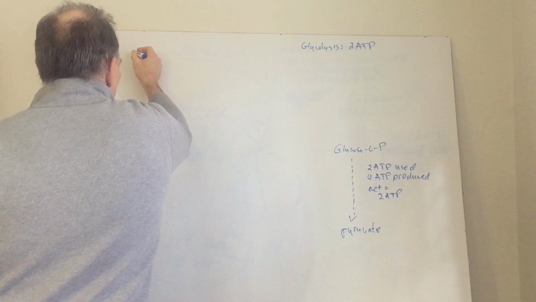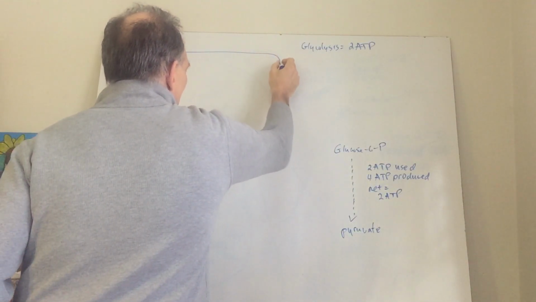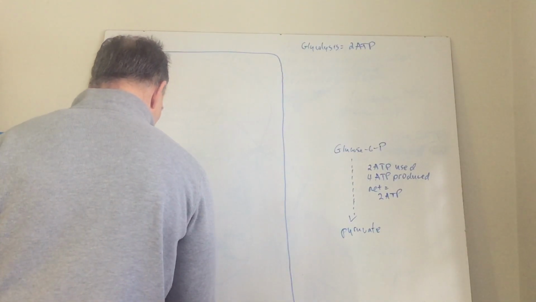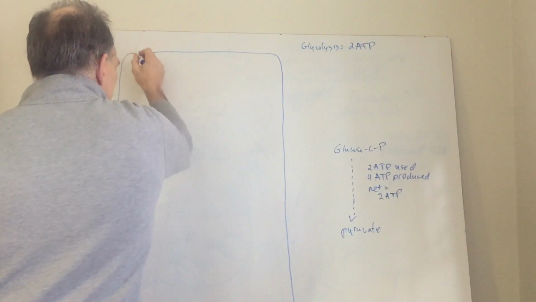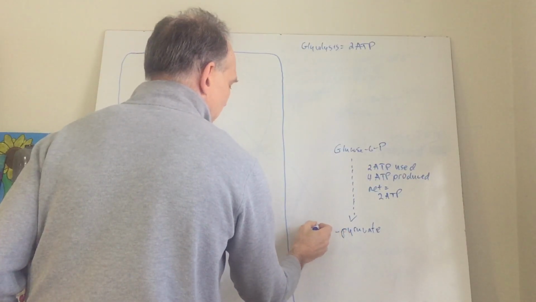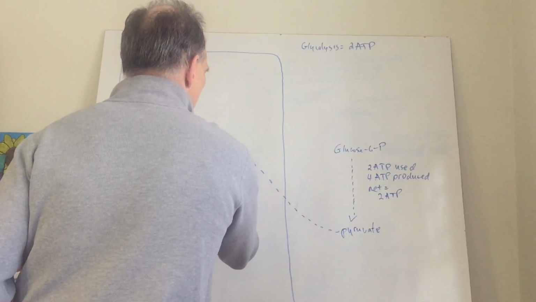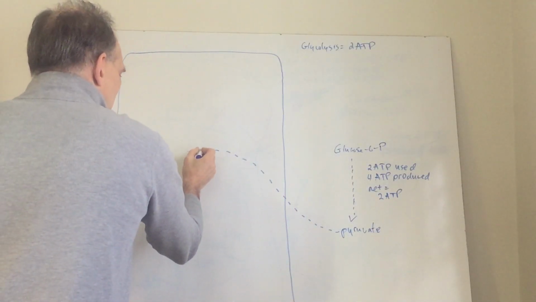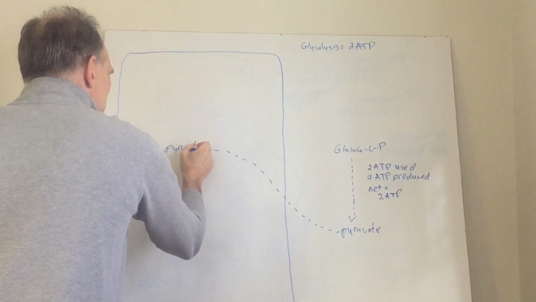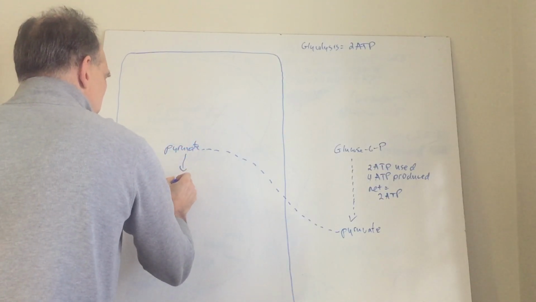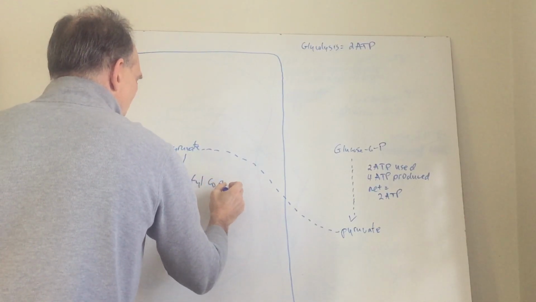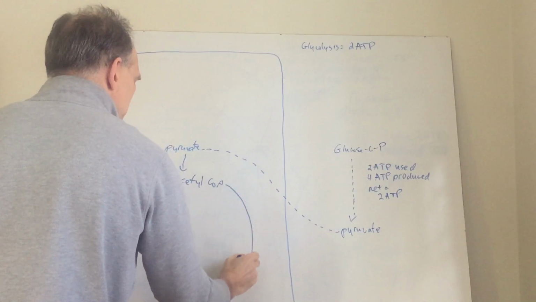I'm just going to draw a big square here for your mitochondria, so we have lots of room in here. Your pyruvate would enter your mitochondria, be converted to acetyl-CoA, and then enter that Krebs cycle.